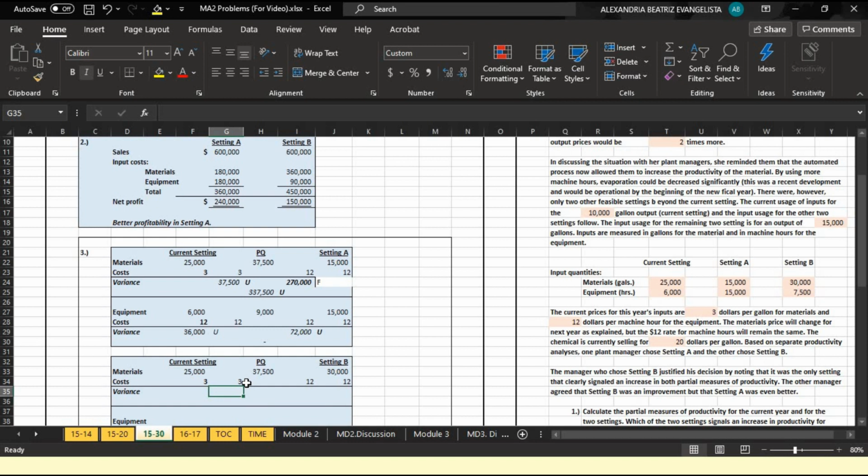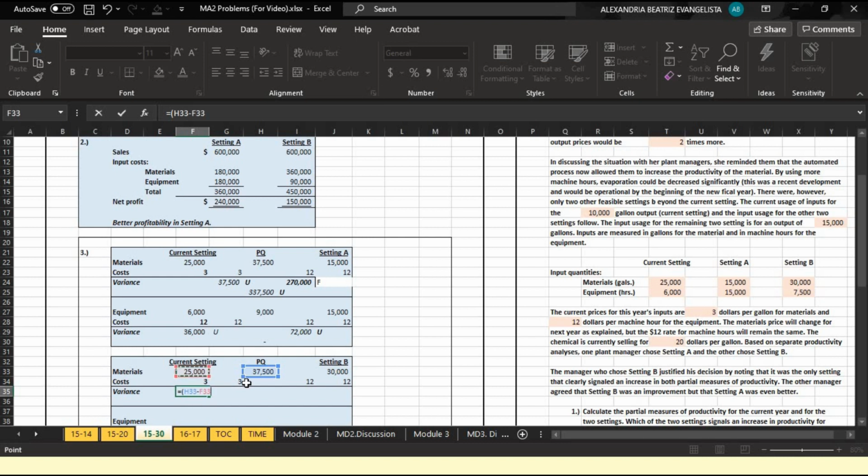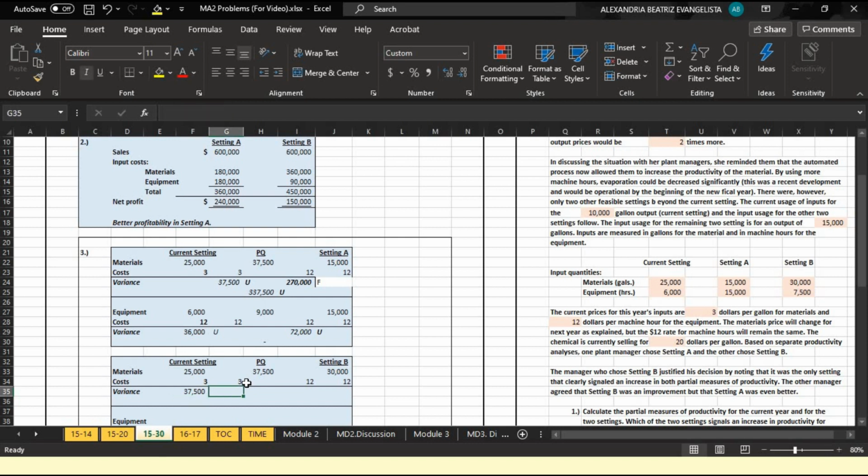So now let's solve for the variance that corresponds to growth. That is computed by 37,500 gallons under PQ less 25,000 gallons under the current settings multiplied by its cost, which is 3, and that would give us 37,500 unfavorable.